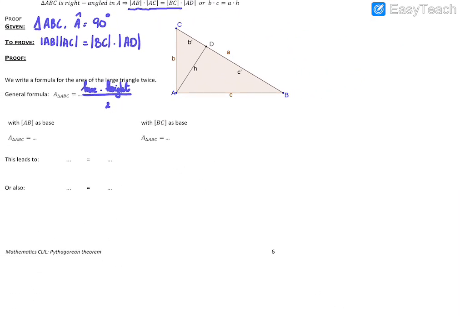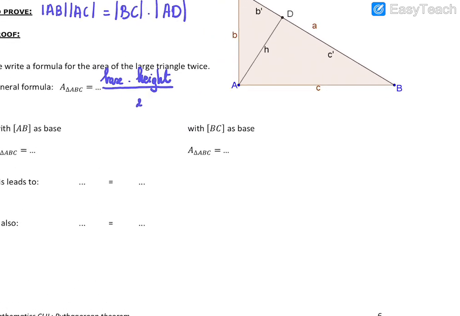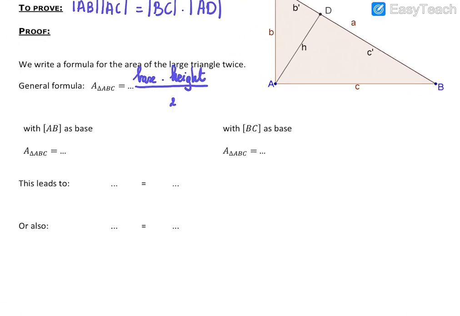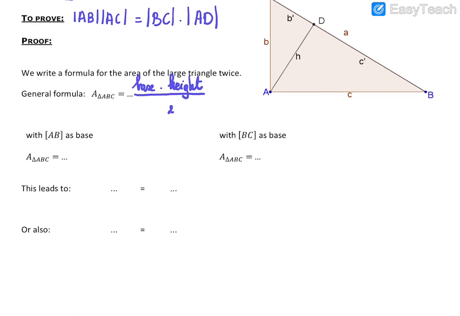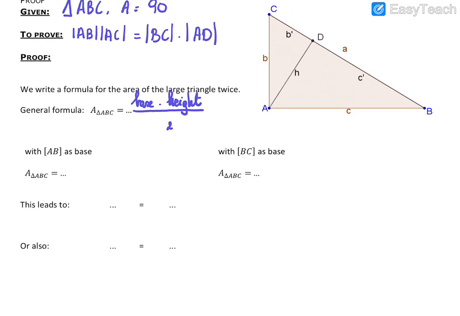Well, since this is base times height divided by 2, we can write this formula twice, because if you take a close look at the picture, you could take AB as base, and then the corresponding altitude would be AC. So if I would write my exercise, then I would get AB times height AC divided by 2.